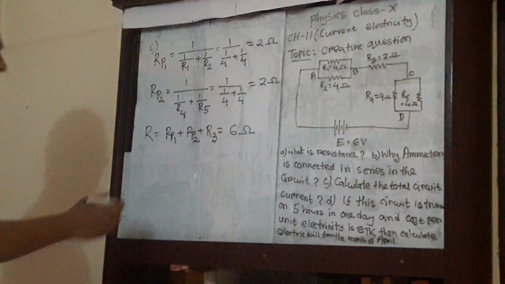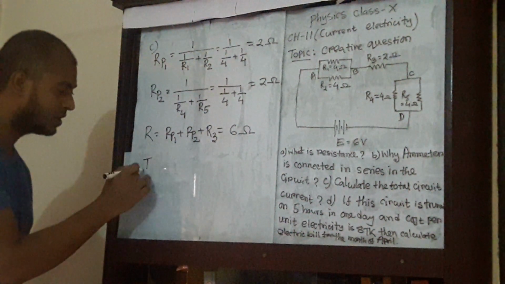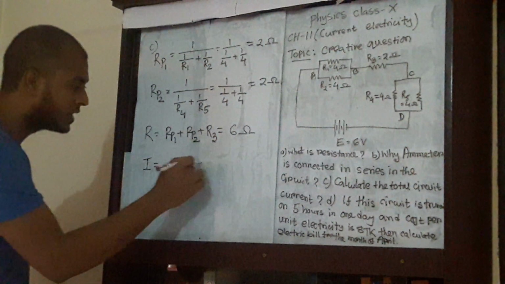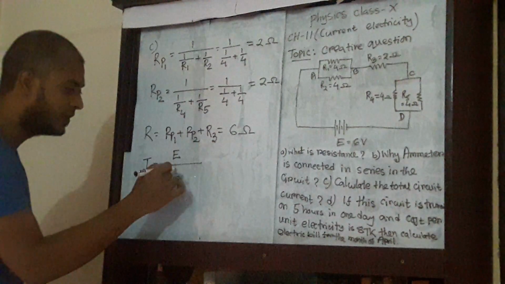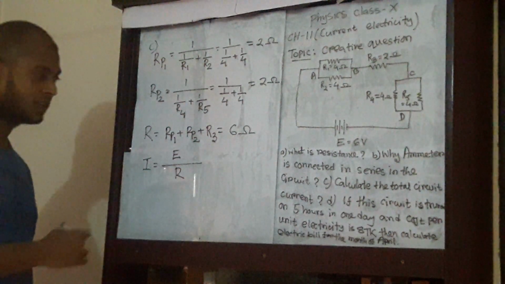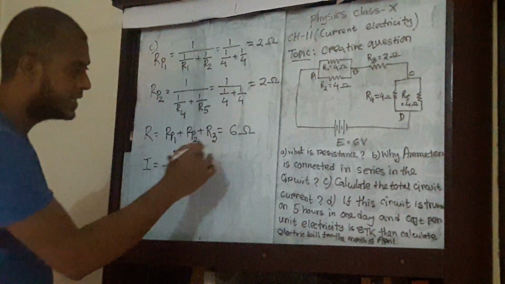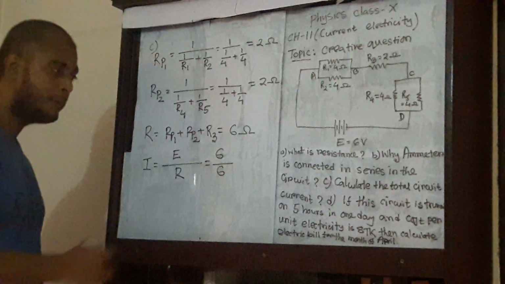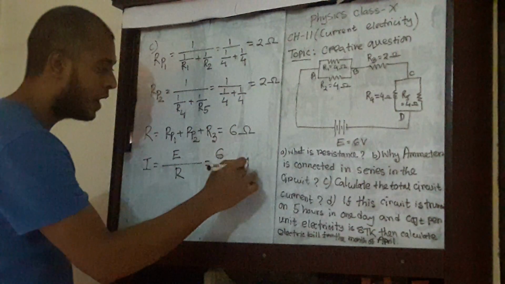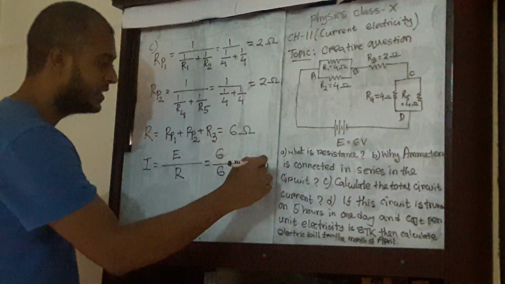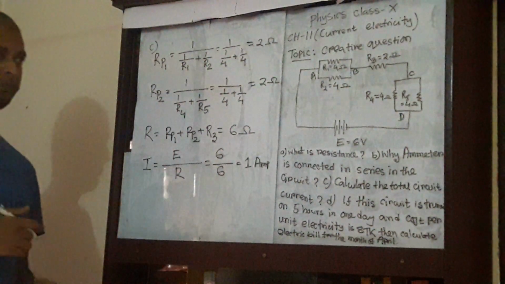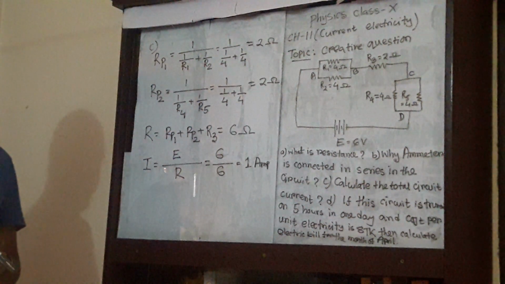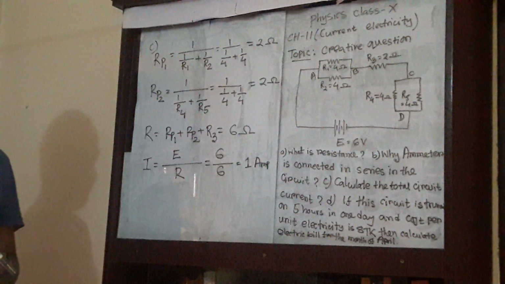Now I'm going to calculate the total current of this circuit. Total current is E divided by capital R. The electromotive force is 6 volt divided by 6 ohm. So totally 1 ampere current is passing through the circuit.